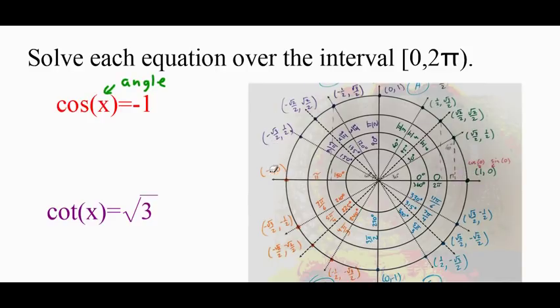Scanning around my circle, I see right here, let me circle that, my x-coordinate is -1. So this angle is pi. If I look around at the rest of my x values, I don't see any others that are -1. So my only solution to this problem is pi.